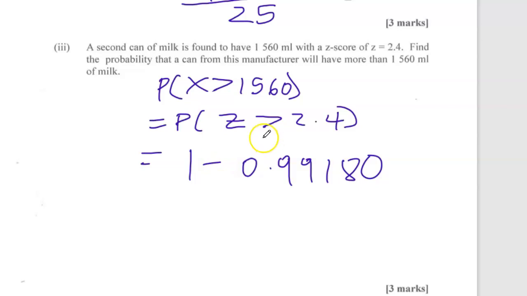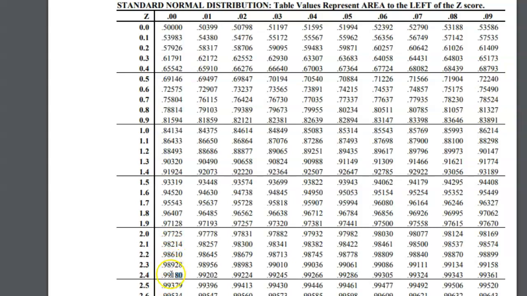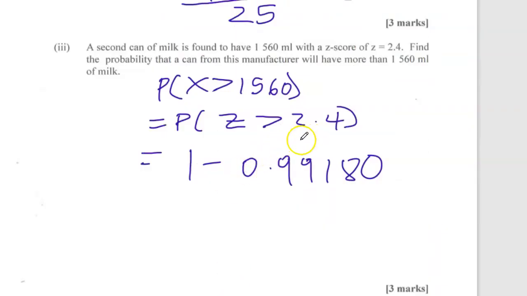But the problem is asking us for greater than. If it was the probability that Z is less than 2.4, we would have used 0.99180. But we're working out the probability that Z is greater than 2.4. So it's 1 minus 0.99180, which is 0.0082.